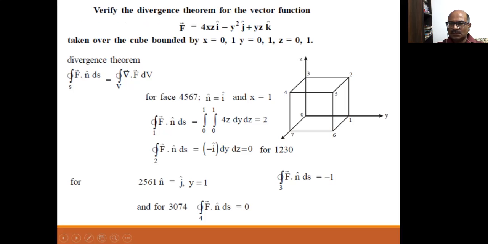But for the face 2, 3, 4, 5, the upper surface pointing towards the z axis, F dot n ds, which is the fifth surface, is half.